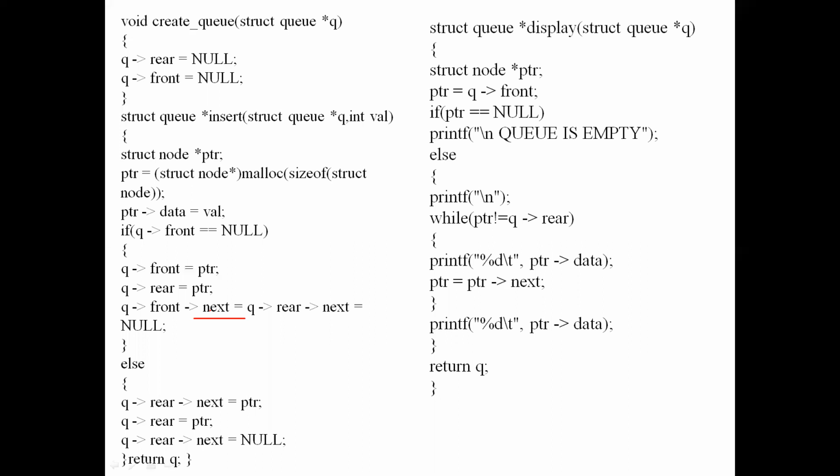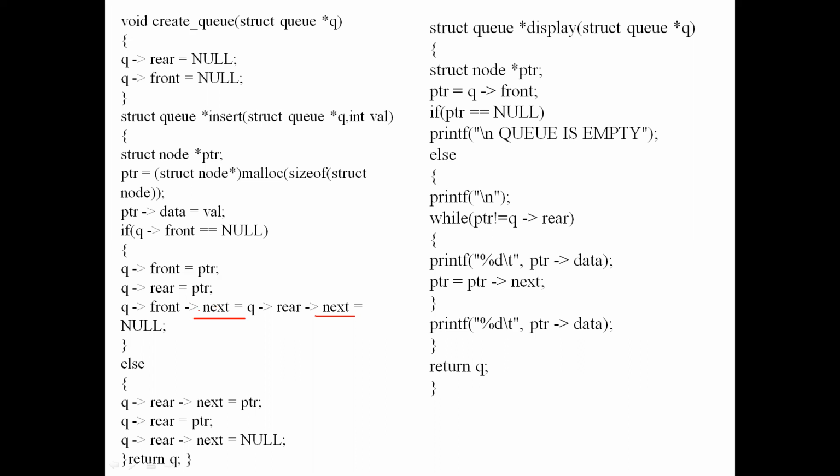Both front and the rear will point to the same node. Why? Because there is only one node in the queue. If there is only one node in the queue, both front and the rear point to the same.